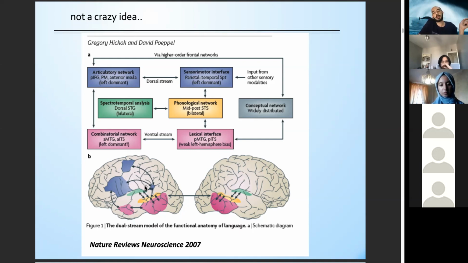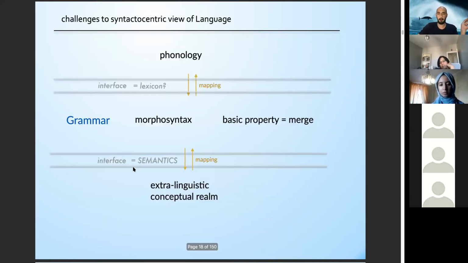Then you retransmit the information to the temporal lobes, which contain your lexicon, your concepts, and what they call the combinatorial network, which might be combining concepts together. So you can have a nice match between the picture that I just showed you, or even a Chomskyan picture of language, and this kind of more modern interactive system.